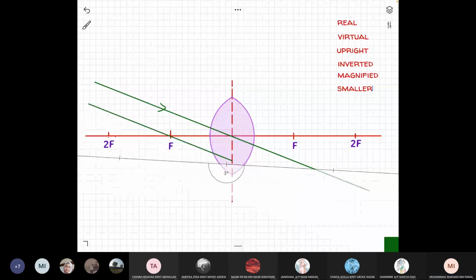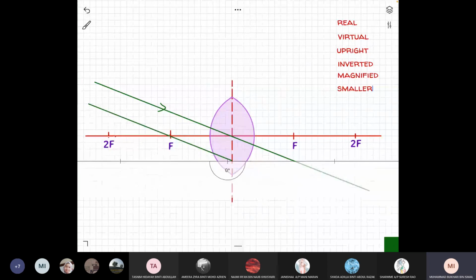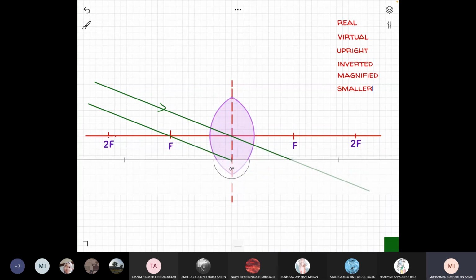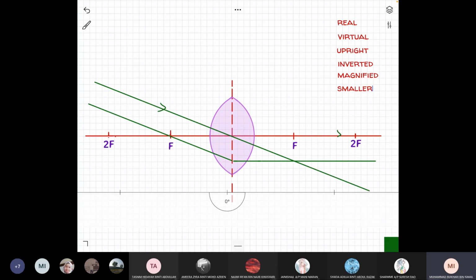You can see this is 0 degree, so you must draw another line which is 0 degree also, meaning they are parallel. If they are horizontal, both of them are parallel. This line and this line are parallel.